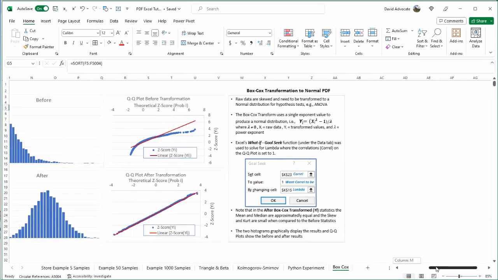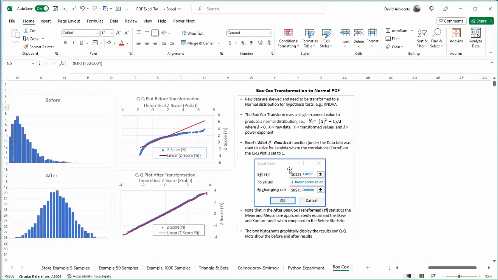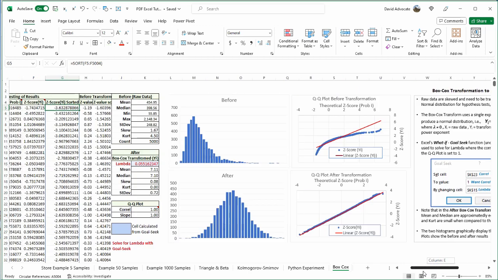And how we do that is we use, under the Data tab, Goal Seek, where we set the correlation to what we want, have a value of 1, by changing the lambda value. Sometimes it takes a little while to calculate, but this does a pretty good job of solving for lambda. And that's basically how we do a Box-Cox transformation.